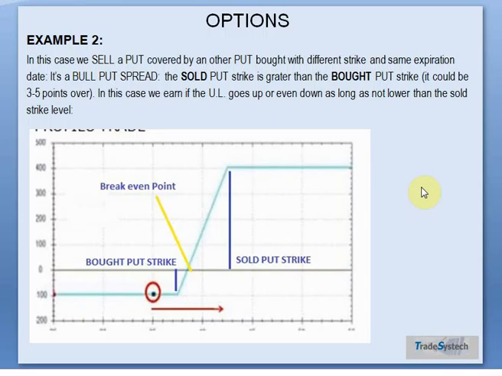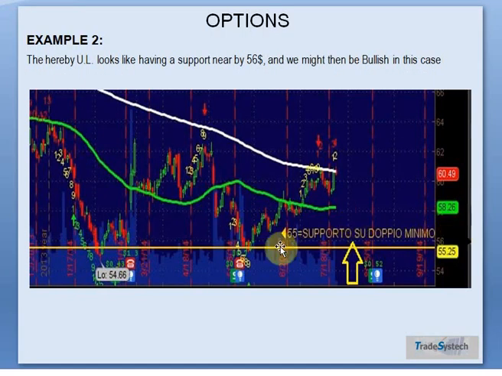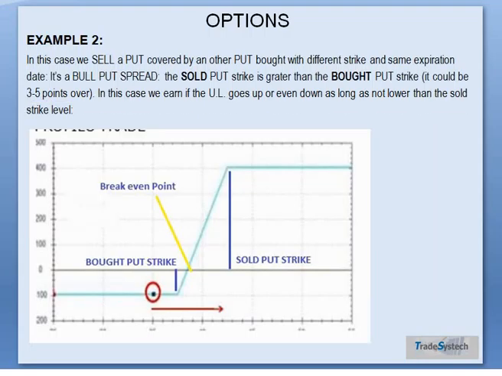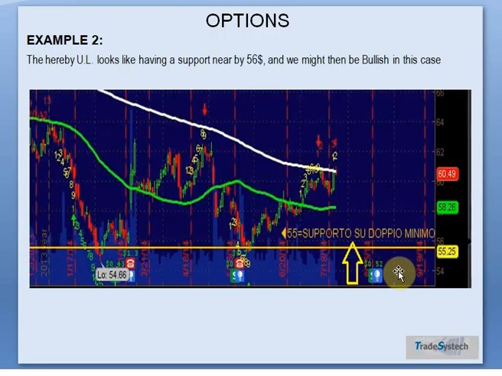The difference is normally, once again, of 3-5 points. So let's say I'm selling, yeah, that's the support 55. I'm selling put with strike 55, or maybe, to be more confident, I might sell the level 54 or 53.